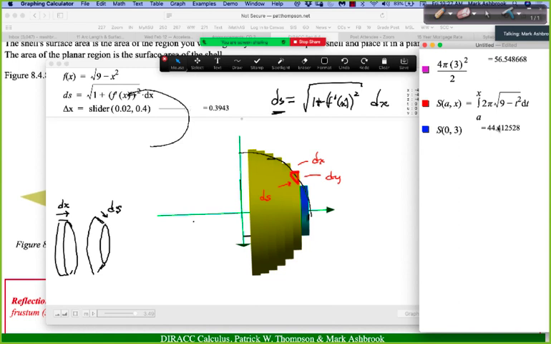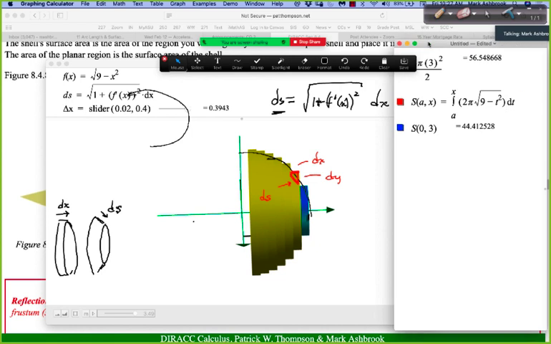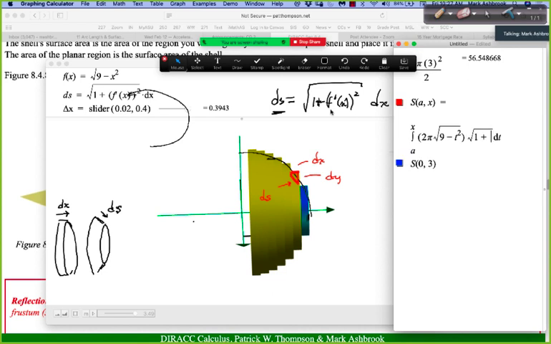So here it is. This is dx, right? So what is ds? ds is this thing, and we're going to include this now. So that right there, that's 2 pi r. 2 pi r now times this square root expression gives us ds rather than dx. So option B, 1 plus.